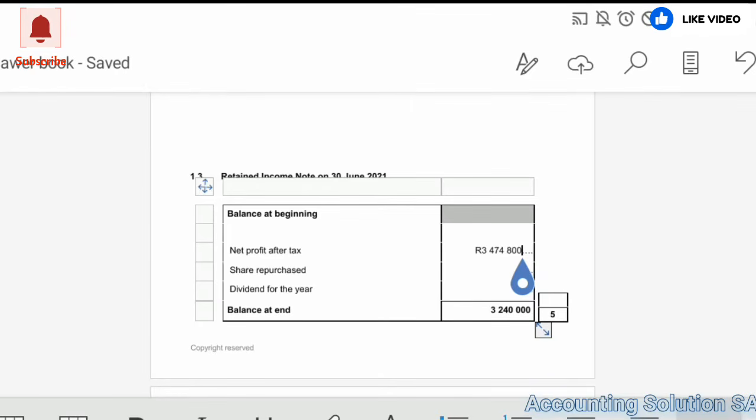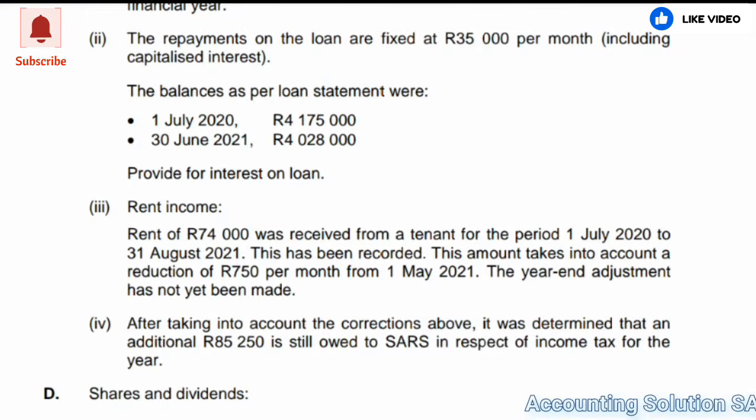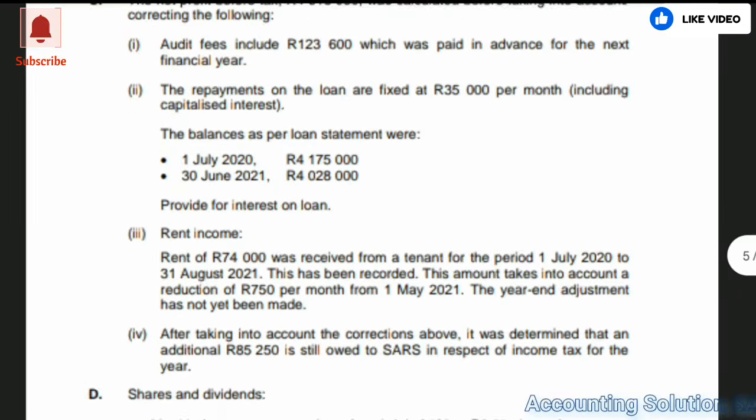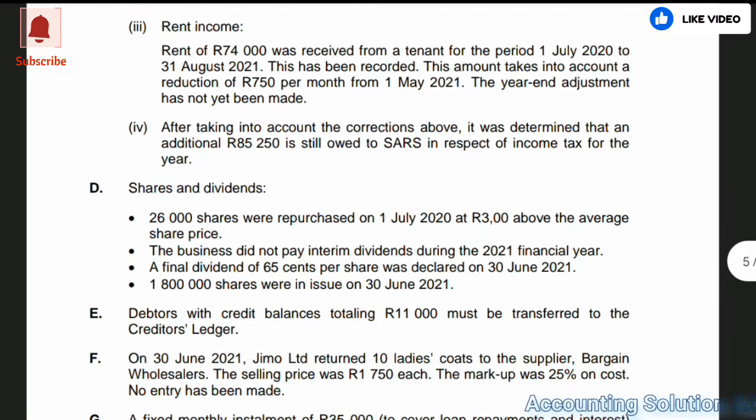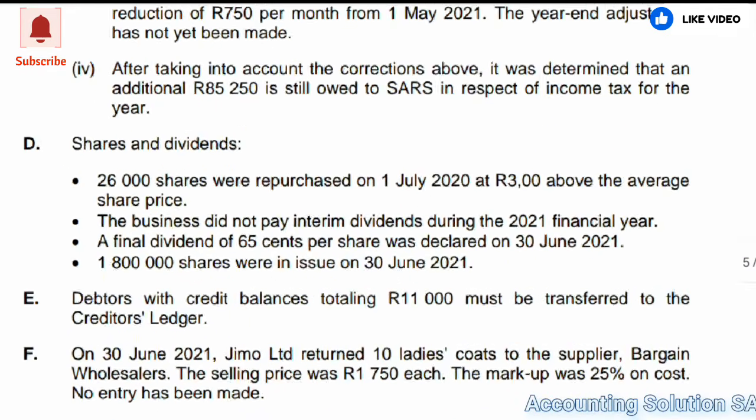Now we have to go to the share repurchase. We have to read the additional information. Let's check. They said number D, share and dividends. Then they said 26,000 were repurchased on 1 July 2020 at 3 rand above the average share price. Now we have to calculate the repurchase of shares.